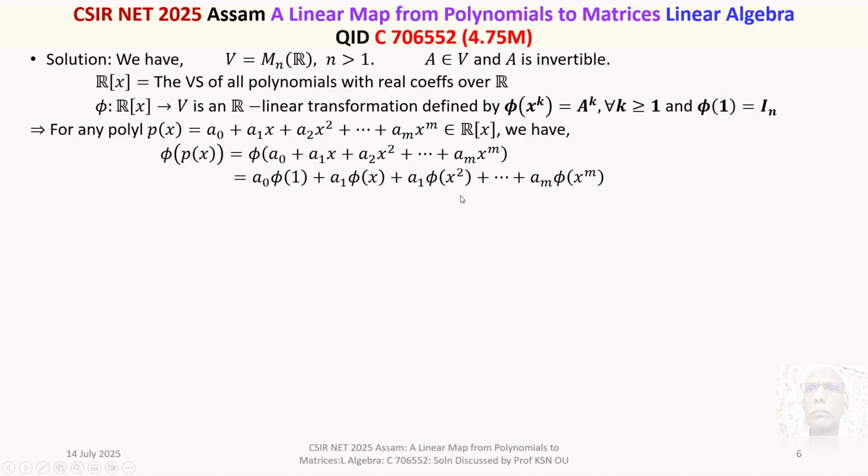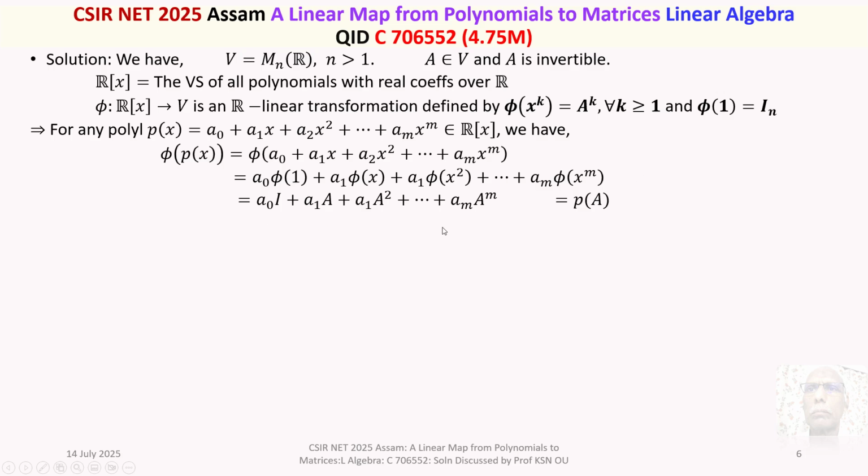Because phi is a linear transformation. Right. Now, this means a0 times phi of 1, which is the identity, plus a1 into phi of x, which is A, plus a2 into phi of x^2, which is A^2, plus so on and so forth, am into phi of x^m, which is A^m.